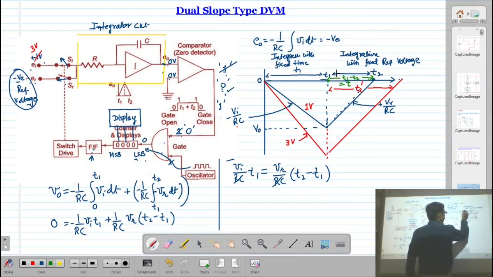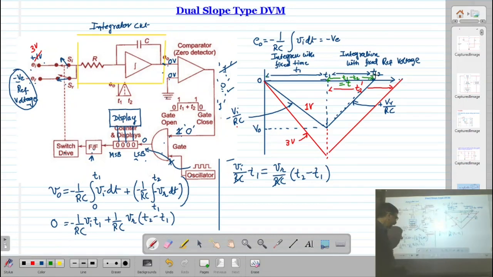Remember, this T2 is from 0. If we write T2 as the time period, then I don't have to write the T1 here.